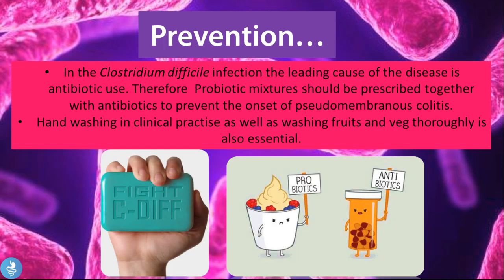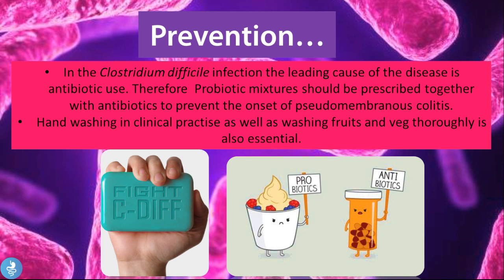So how can one prevent a Clostridium difficile infection? In the Clostridium difficile infection, the leading cause of the disease is antibiotic use. Therefore, probiotic mixtures should be prescribed together with antibiotics to prevent the onset of pseudomembranous colitis. So if we take a probiotic together with our antibiotic, the chances of developing a C. diff infection are actually decreased quite substantially.